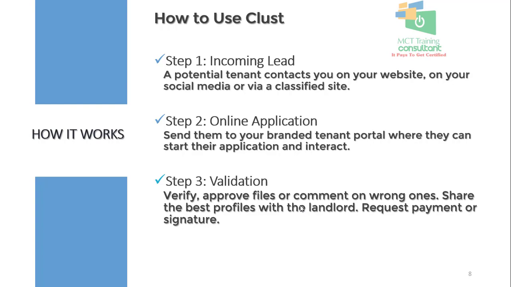A potential tenant contacts you on your website or on your social media or on a classified site and they want to apply for a house, and you need them to fill in certain information or collect certain data from them. Rather than sending you a lot of emails, you can provide them this platform. They submit those applications and you can process them with your client right on that platform.